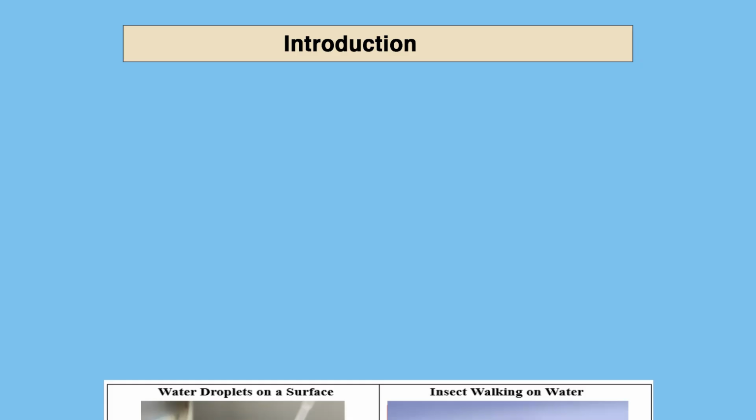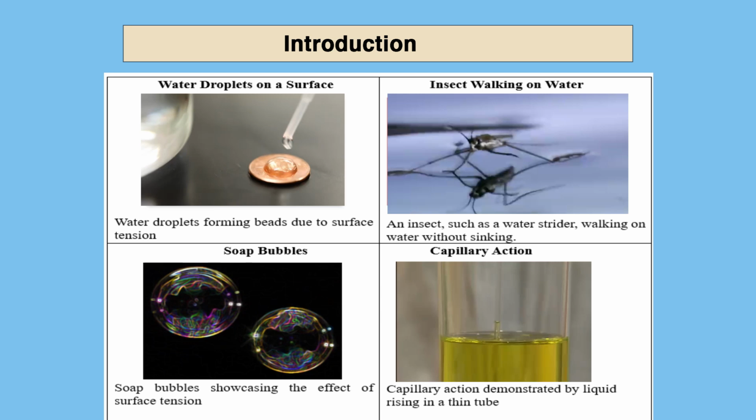Surface tension can be introduced as a fascinating and fundamental property of liquids, playing a crucial role in various natural and industrial processes. This property can be observed in phenomena such as water droplets forming beads on a surface, insects walking on water, and the behavior of bubbles and capillary action, which can be clearly seen from the figures.